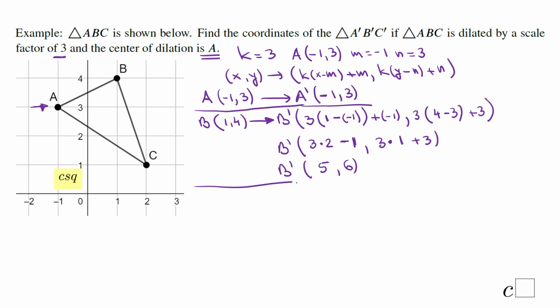Let's move to C. Point C, if you have noticed, the coordinates are 2 and 1. Let's see what C prime will be. Again, the same formula where we're going to start with K, which is 3, x minus m, 2 minus negative 1.